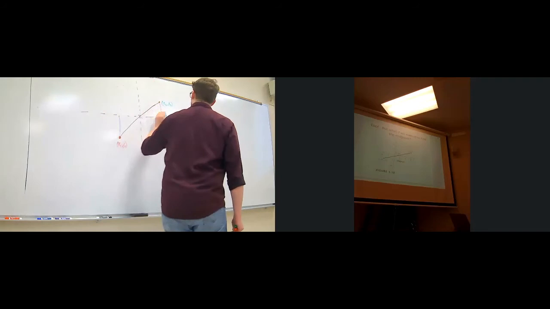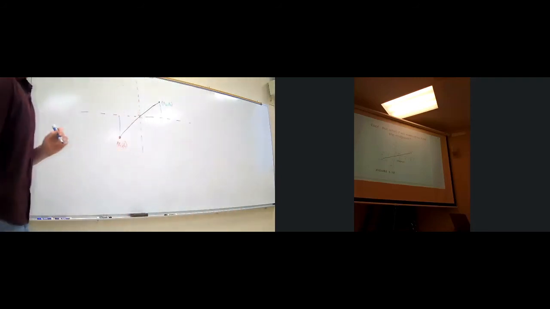Lines that are parallel to our axis, right? And let's notice something. That distance is going to be the same. And moreover, these two distances are going to be the same, right?